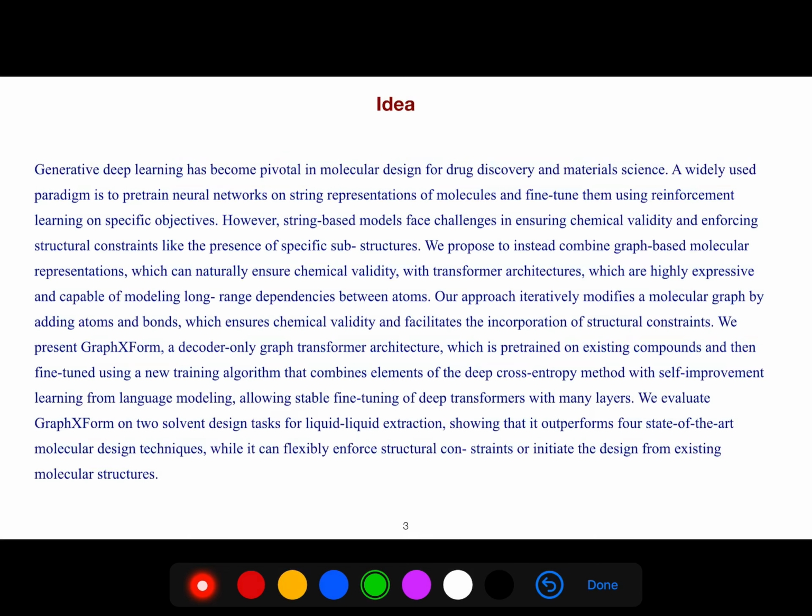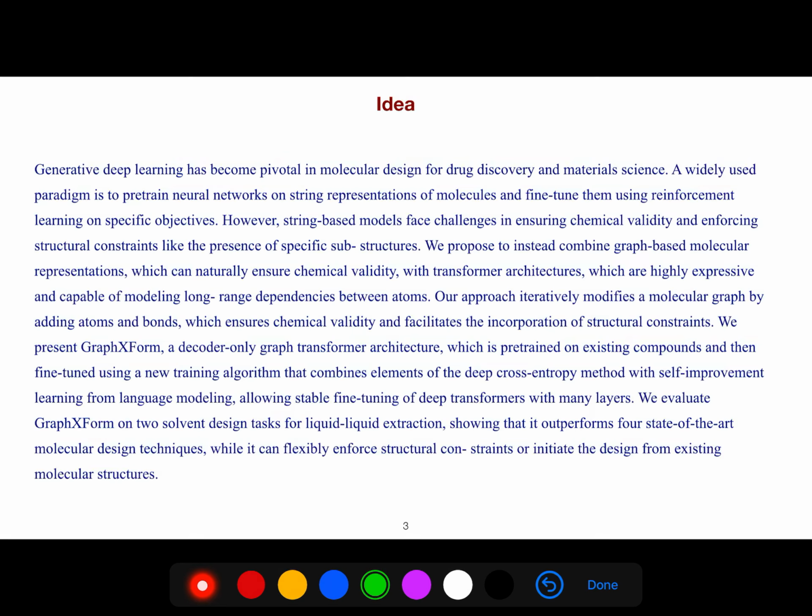However, string-based models face challenges in ensuring chemical validity and enforcing structural constraints like the presence of specific substructures. We propose to instead combine graph-based molecular representations, which can naturally ensure chemical validity, with transformer architectures, which are highly expressive and capable of modeling long-range dependencies between atoms.